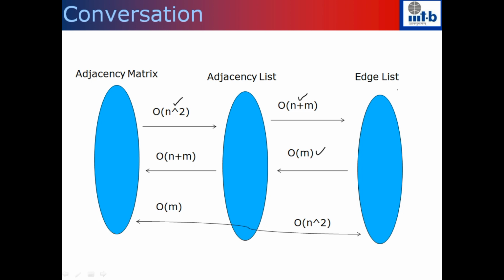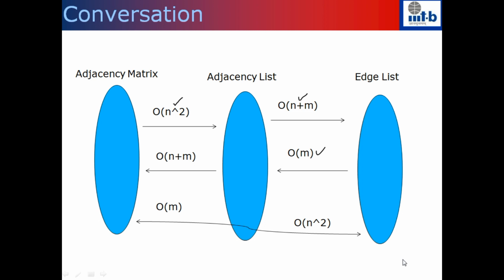What you notice from this diagram is that if you want to convert from a representation A to anything, the time that is required for this conversion is exactly equal to the amount of space that is required to store this particular data structure.